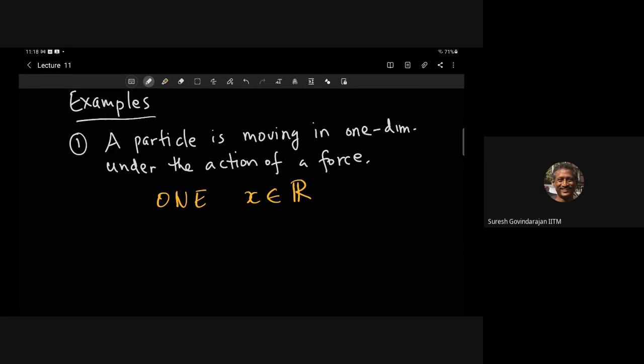The force will be relevant for dynamics when we want to know how it's going to move, then we need to write Newton's laws and integrate and solve it. Right? So the second example is a particle moving freely in space on a plane.